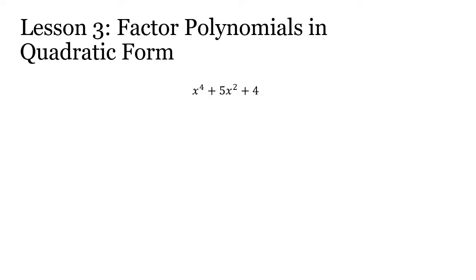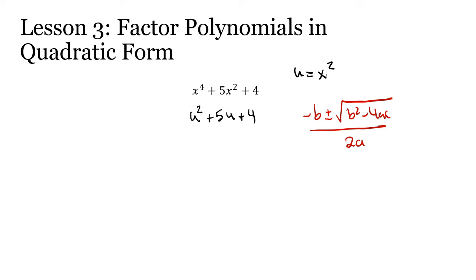Alright, in lesson 3 we talked about factoring polynomials, so now a different type of division, in quadratic form. So we did a simple substitution here: we let u equal x squared, and we rewrote this as u squared plus 5u plus 4. Now we can solve this using the quadratic formula, negative b plus or minus the square root of b squared minus 4ac all over 2a.